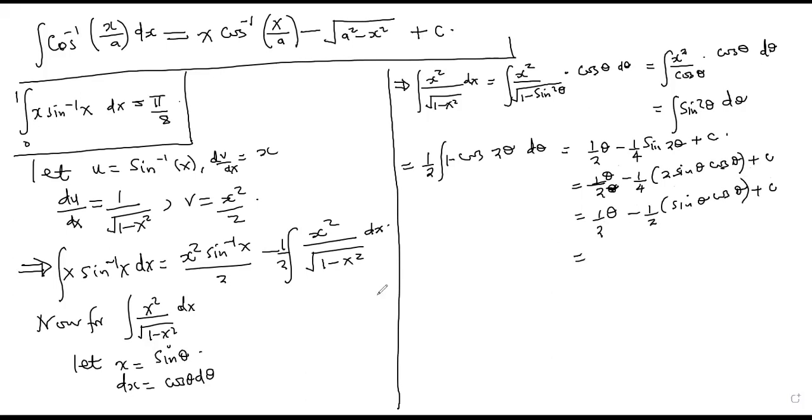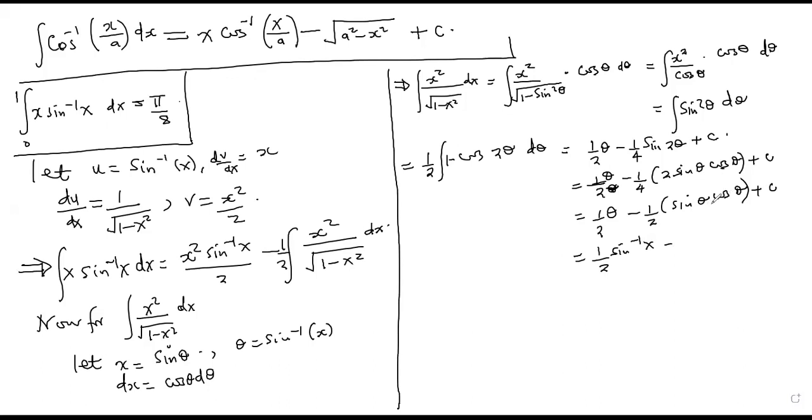But we know if x is sine theta, then theta is the sine inverse of x. So now this is going to be a half sine inverse of x minus, now this is sine theta cos theta.